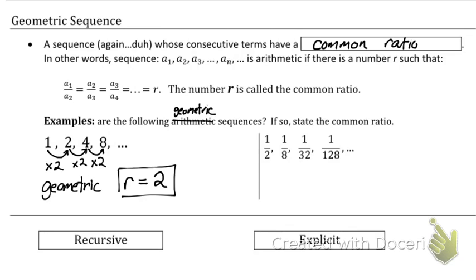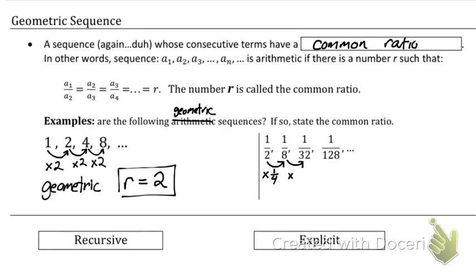Once again, for the next one I'm just going to ask myself, is it arithmetic? And there's no number I can add or subtract that gets me from 1/2 to 1/8 to 1/32 to 1/128. So it's not arithmetic. So the next thing I'm going to check for is, is it geometric? Well, to get from 2 to 8, I multiply by 4. So if I multiply 1/2 by 1/4, I get 1/8 out.